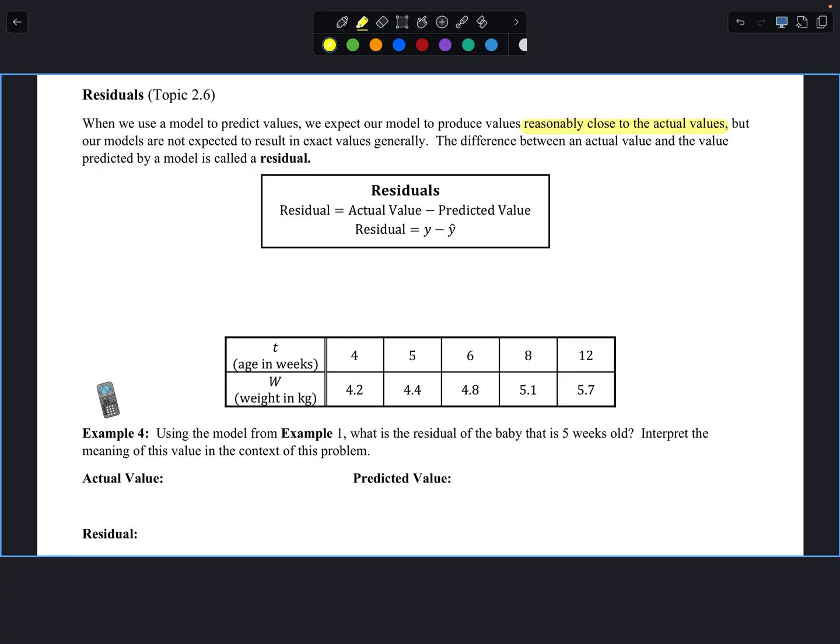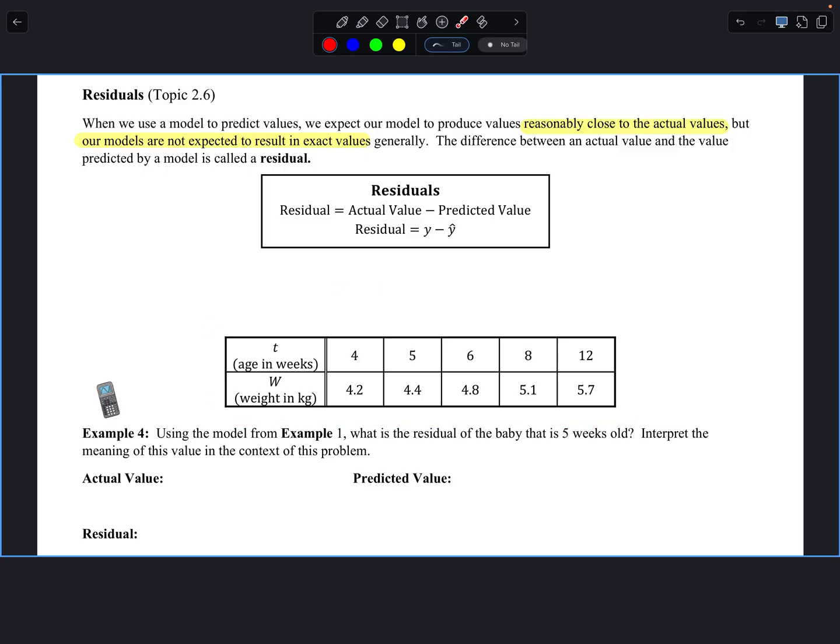But our models are not expected to be exact. And the reason why is because this is the same example from example 1, right guys?